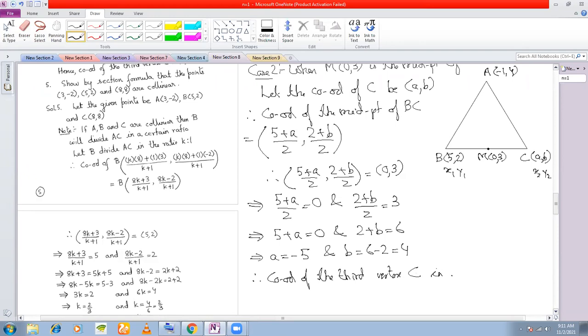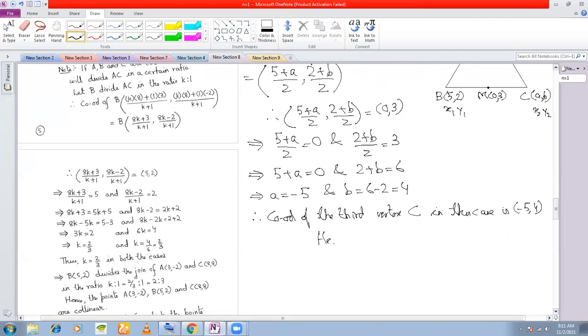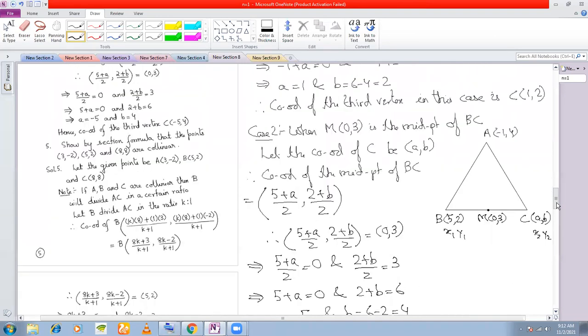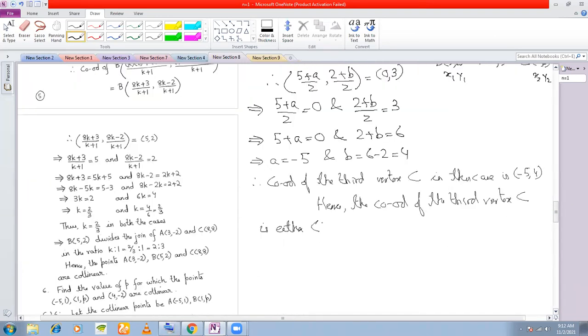C, in this case, is (-5, 4). Hence your answer is, hence the coordinates of the third vertex C is either the first one, what are the first coordinates we got? (1, 2), or the second one we have got as (-5, 4).